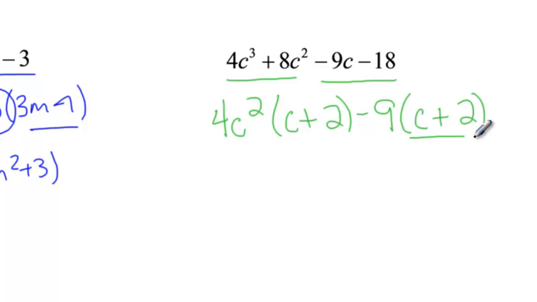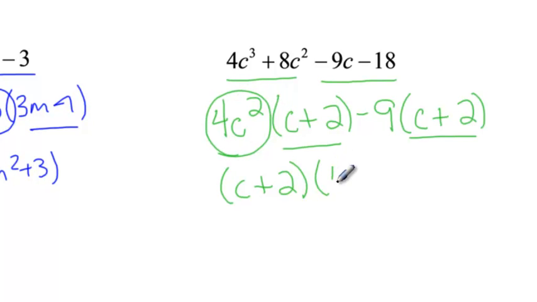Again, this works out really well because c plus 2 and c plus 2 are common. If they weren't common, we'd try making this maybe a positive 9 and make it work. But in this case, it is the same. So we're going to say c plus 2, that's our common factor. And what am I left with? I'm left with 4c squared, and negative 9 from right there.